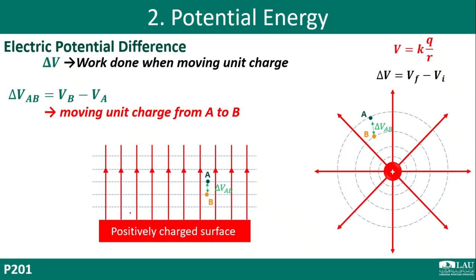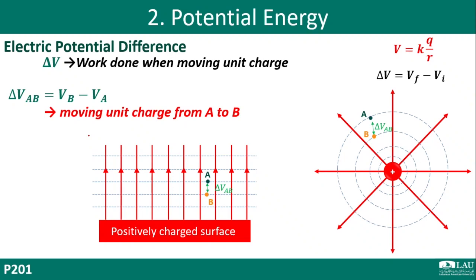So the potential difference between A and B is the potential of B minus the potential of A. So we need to move the particle from A to B, from its initial position A to the final position B. As you can see here, the sign of delta V can be negative or positive, or zero if we have the same potential.